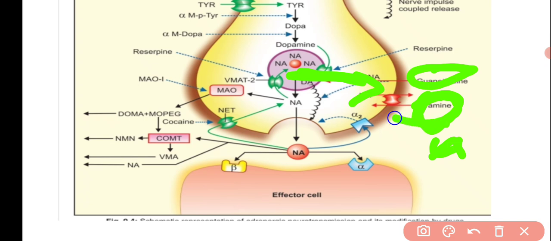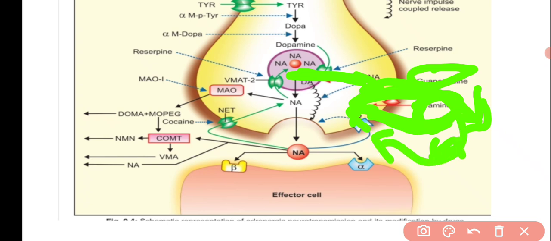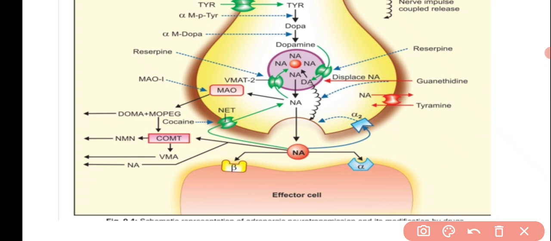Once the tyramine enters, norepinephrine is secreted. One drug will exchange with the transport of the other. So this is all regarding the drugs that modify adrenergic transmission.